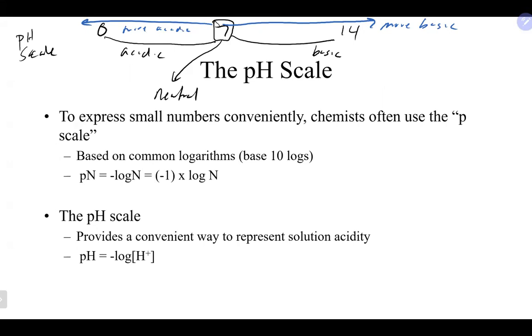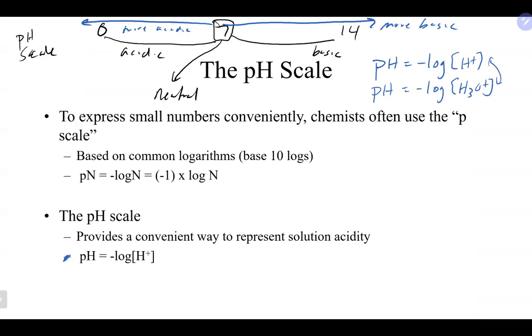The pH is calculated by, it's not negative, that's just from PowerPoint, the pH is equal to minus the log of the H plus concentration. This is another formula where you could substitute in H3O plus. So again, they are basically the same here.